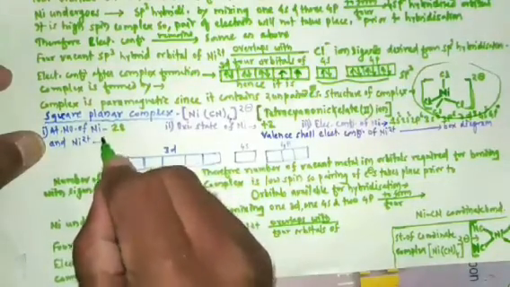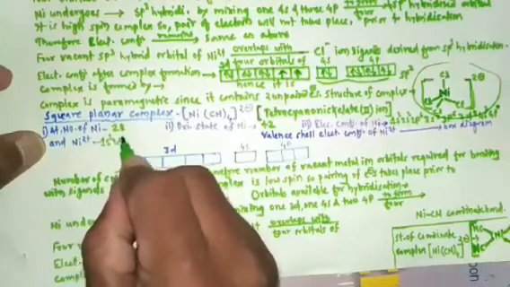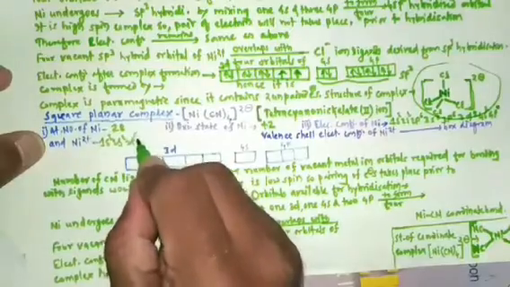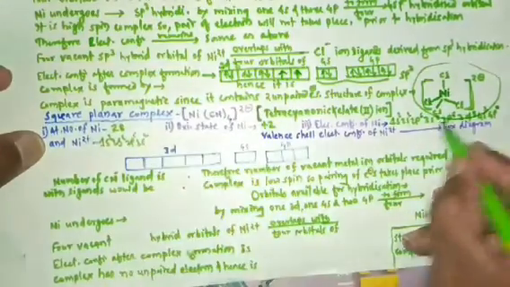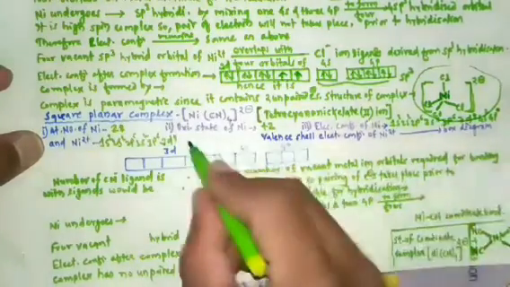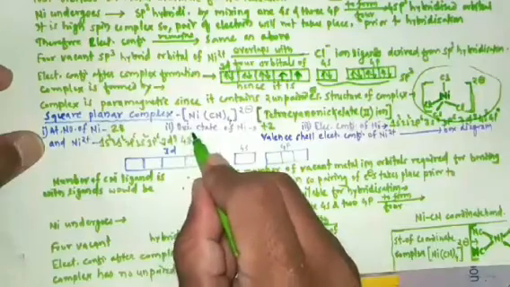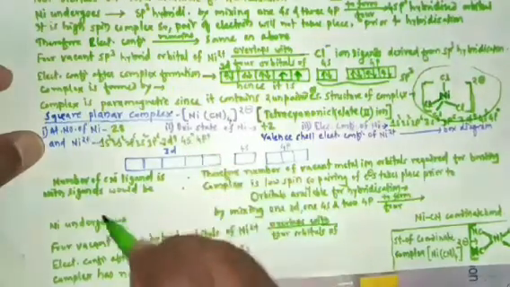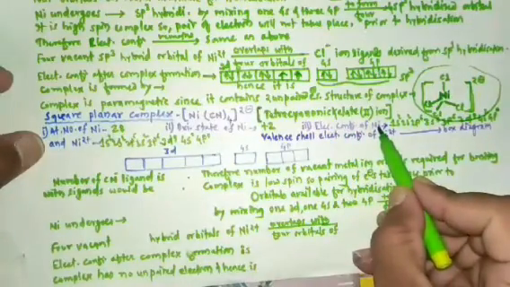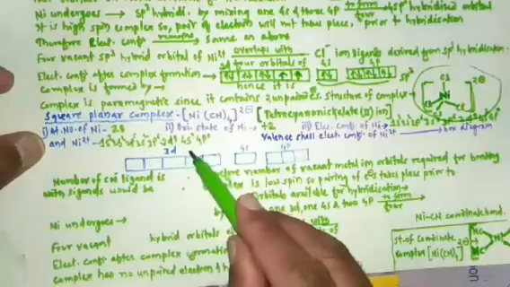Therefore the electronic configuration of Ni2+ is 1s2, 2s2, 2p6, 3s2, 3p6, then 3d8, and here now 4s0 and 4p also 0. So these are the electronic configurations of Ni and Ni2+ ion.